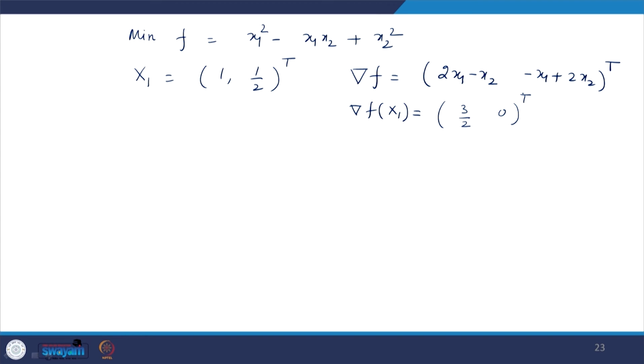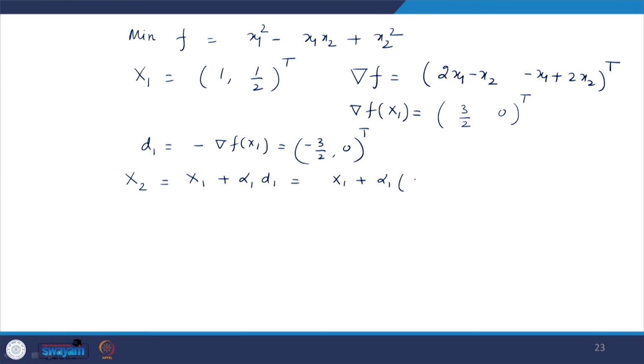Okay. Now, what will be d1? d1 is nothing but the negative of the gradient of f at x 1, and that will be minus 3 by 2 and 0 transpose. So, x 2 from the steepest descent method by the recursive algorithm will be x 1 plus alpha 1, or lambda 1, times d 1, that is x 1 plus alpha 1 times minus 3 by 2 comma 0, transpose.